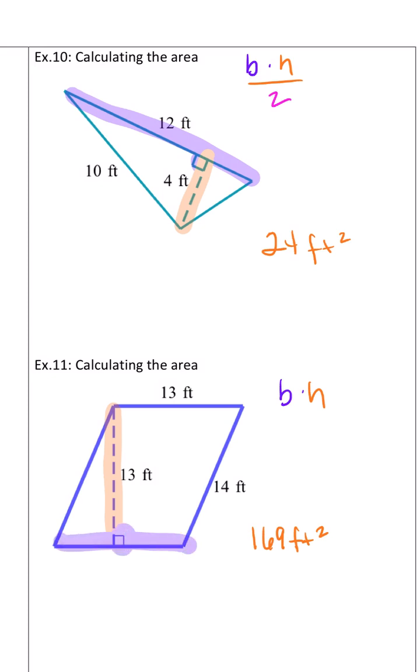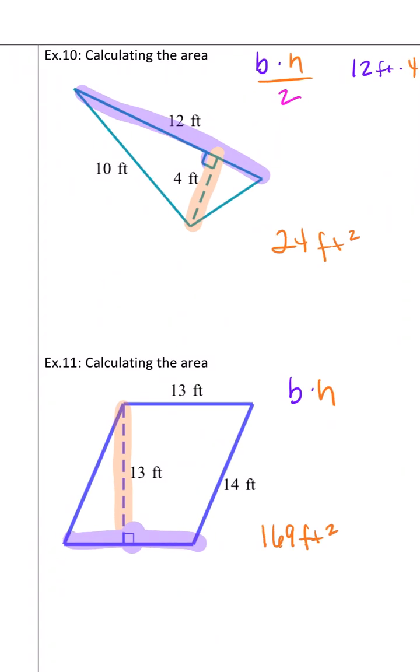Because they're connected to each other, right? Somehow they're related to each other, right? So now we're just going to substitute in. The base on this is 12 feet. The height of this is 4 feet. Then we divide that by 2. That's 48 divided by 2, which is 24 feet squared.